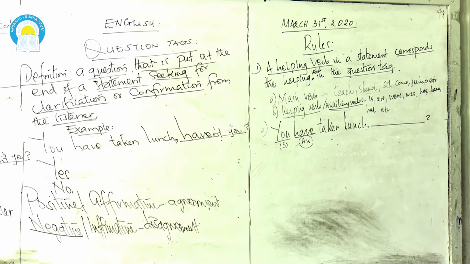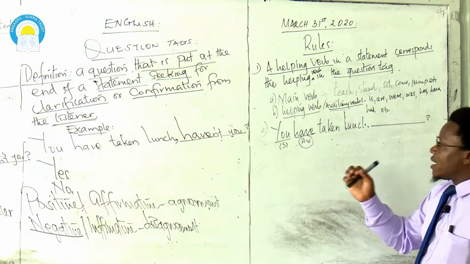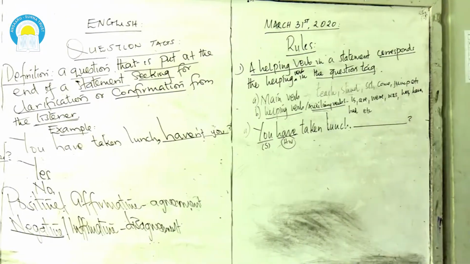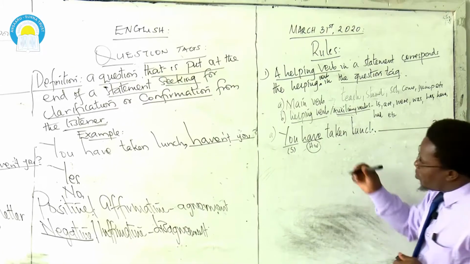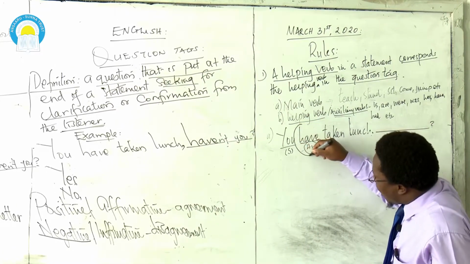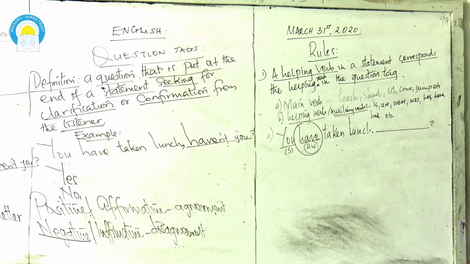Then, basically, we realize that to this positive sentence, we are entitled to add a negative question tag. So our helping verb here is have, which is positive.